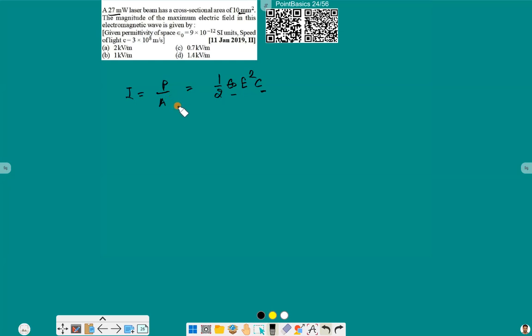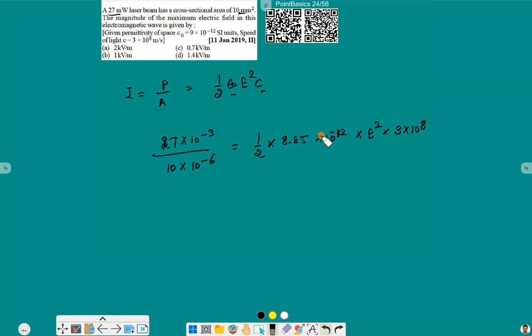So here P is 27 into 10 raised to power minus 3 divided by the area, that is 10 into millimeter squared. So minus 3 into minus 3, so minus 6, equal to half. Epsilon naught will be 8.85 into 10 raised to power minus 12 into E squared into C, that is 3 into 10 raised to power 8.